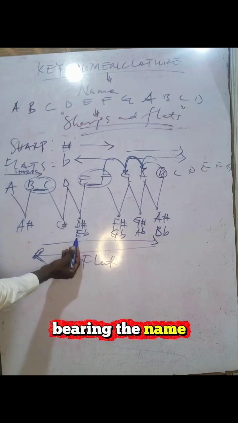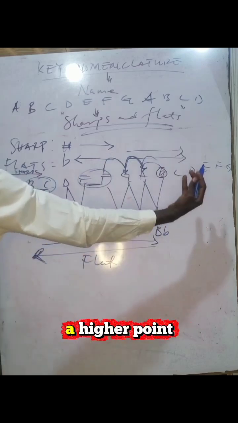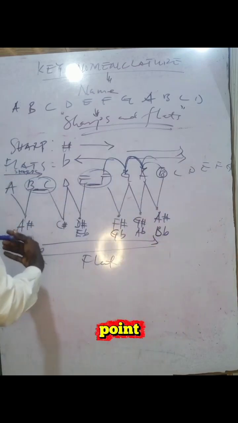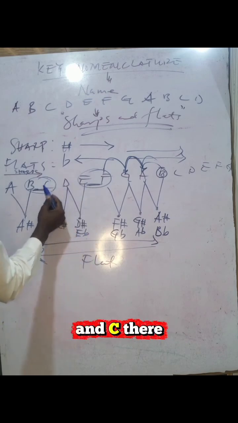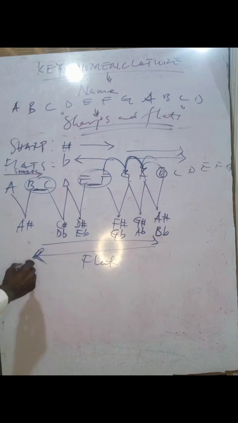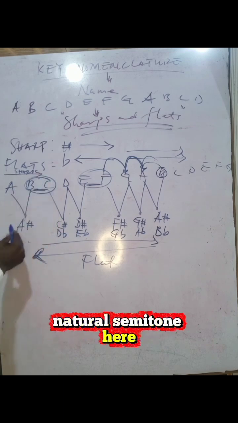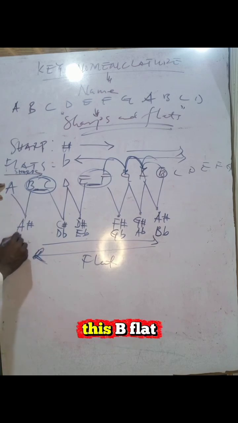It's bearing the name E flat. Because we are using flats, we are moving from a higher point to a lower point. Then between D and C, there is a key, and we call this D flat. There is a natural semitone here. Between B and A, there is a key, and we call this B flat.